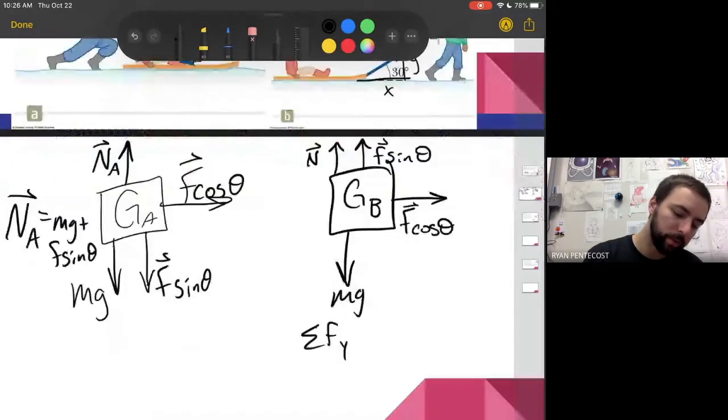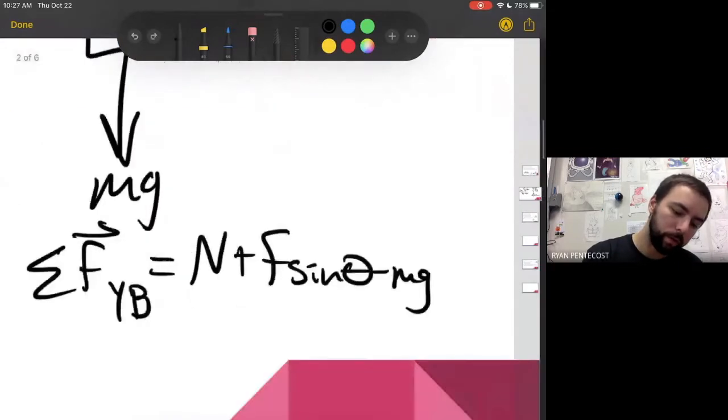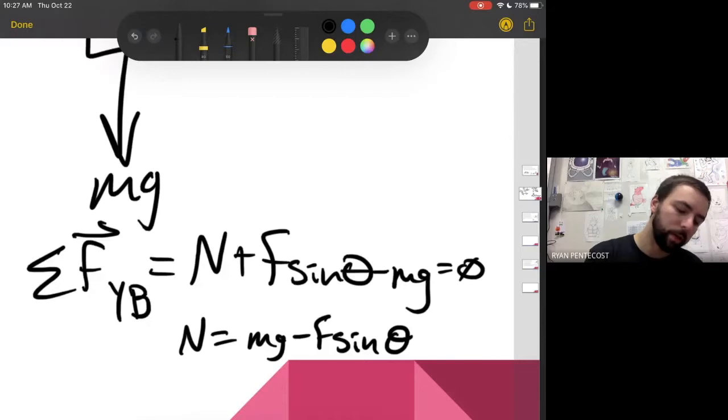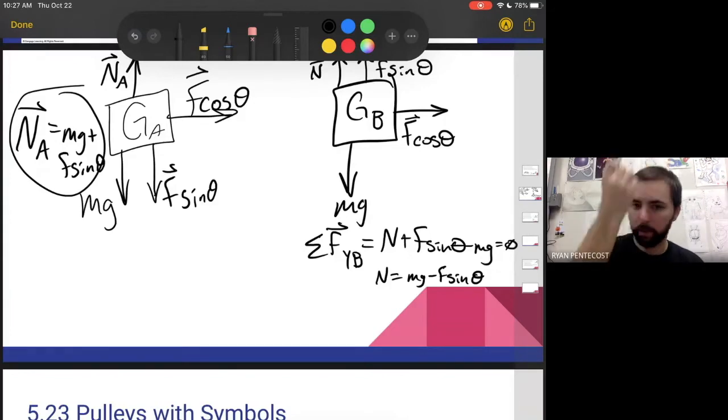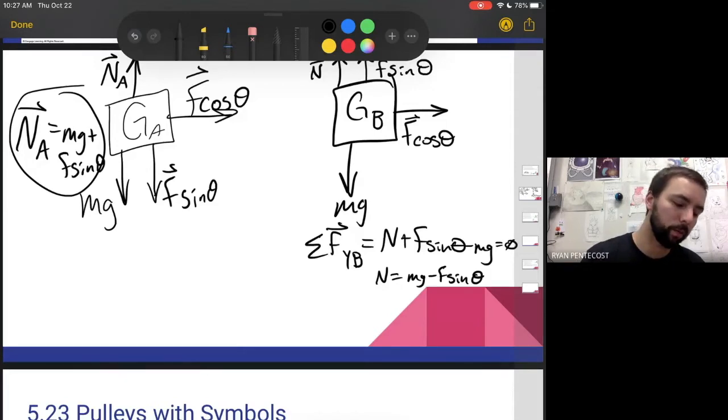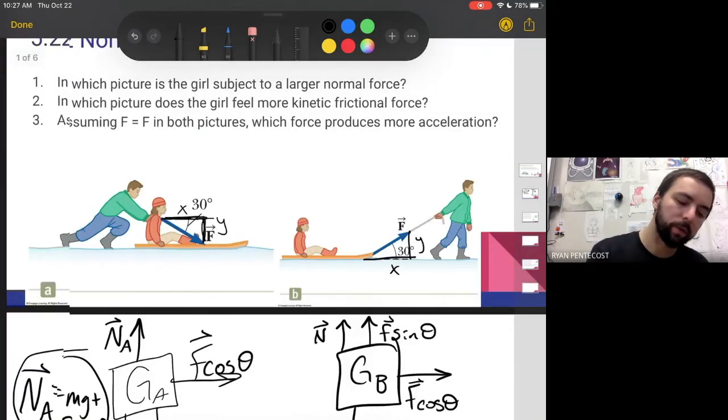With this summation of forces in the y for part B, normal force plus F sine theta minus mg will equal 0. That means that your normal force will be mg minus your F sine theta, whereas in the other scenario, it was mg plus F sine theta. So therefore, when you're pushing down, the ground must compensate to give you a stronger normal force. So in which picture is the girl subject to a larger normal force? That would be part A.